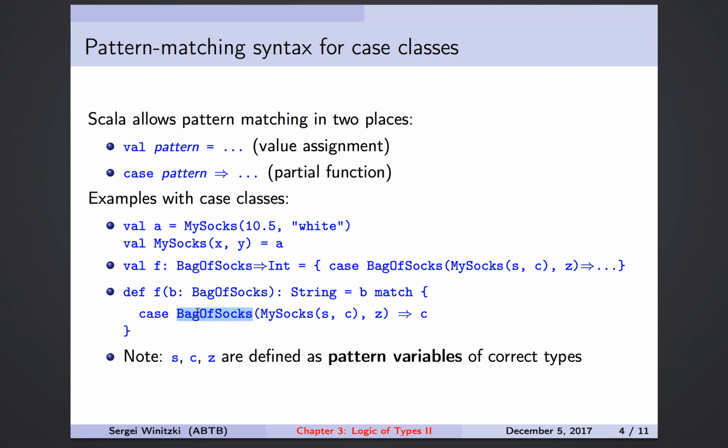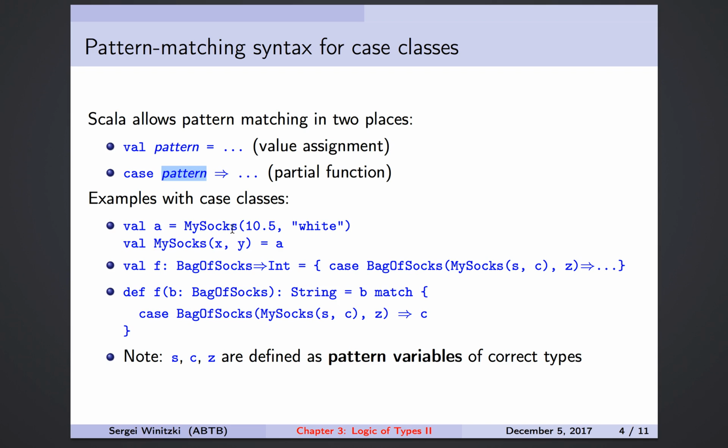So again, if you cross out the names, then you have the same syntax as we had before when we did pattern matching on tuples. There are 2 cases where Scala will do pattern matching. One is the value assignment, val, and then you can do a pattern and then equals something. The second is the partial function, where you have the case expression. On the left-hand side of a case expression is a pattern.